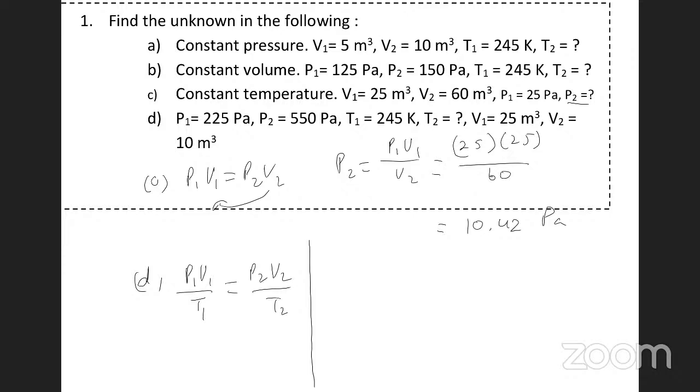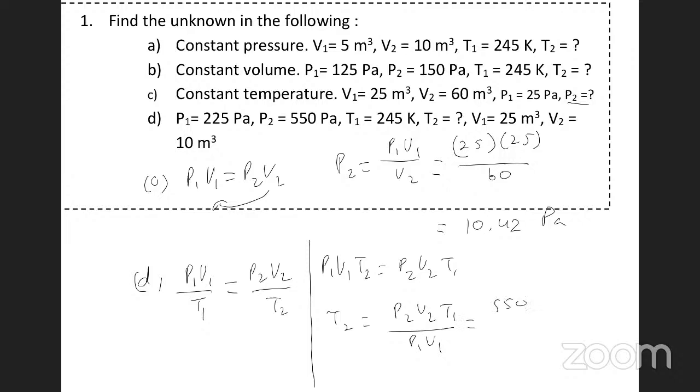They want us to make T2 the subject, right? So if you want, you could cross multiply, and you'll get P1 V1 T2 is P2 V2 T1. And you want to make T2 the subject, so you carry across P1 V1. Right? Substitute and you're good to go.